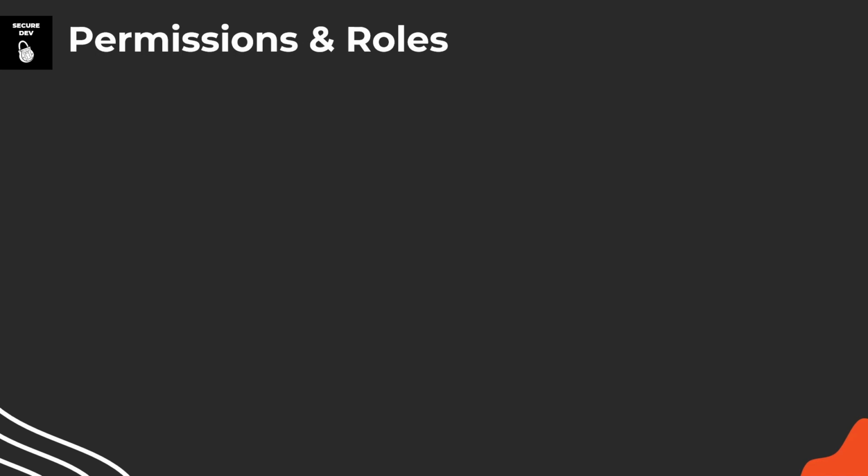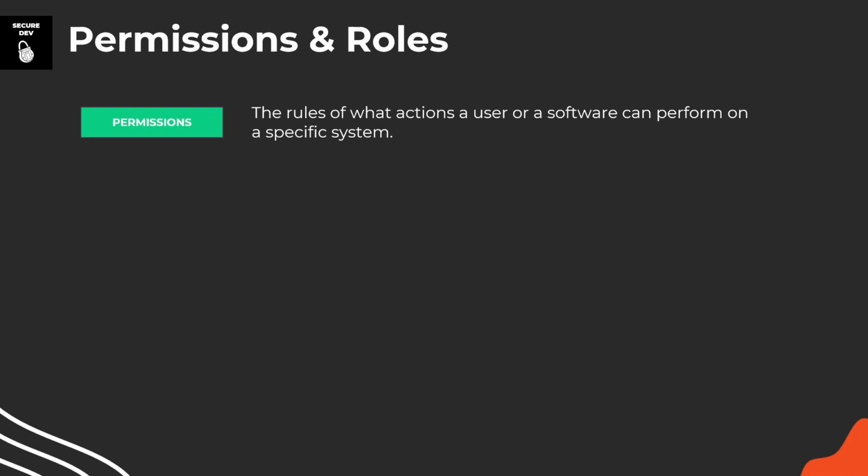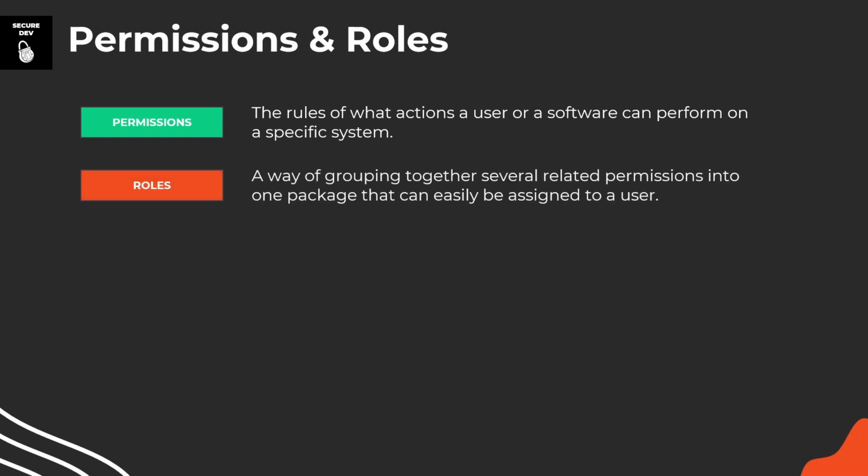Well, permissions are like the rules of what actions a user or a software can perform on a specific system. For instance, a permission might allow a user to read a file or write to a file, but it might not allow them to delete that file. On the other hand, a role is like a job title. So it's a way of grouping together several related permissions into one package that can be easily assigned to a user.